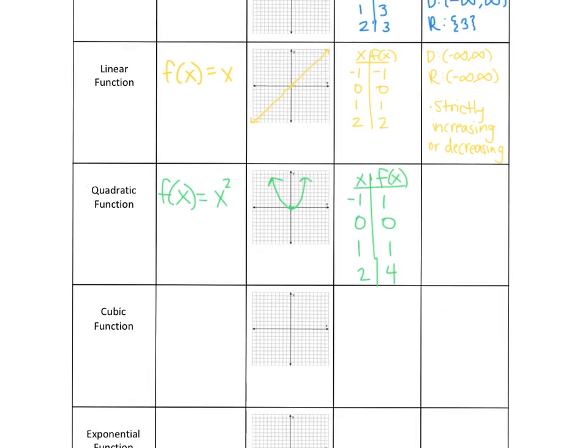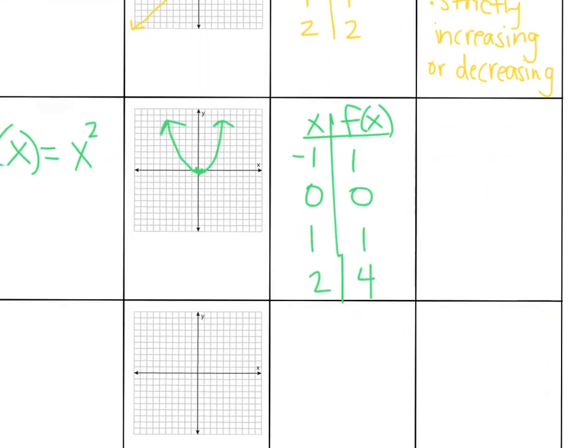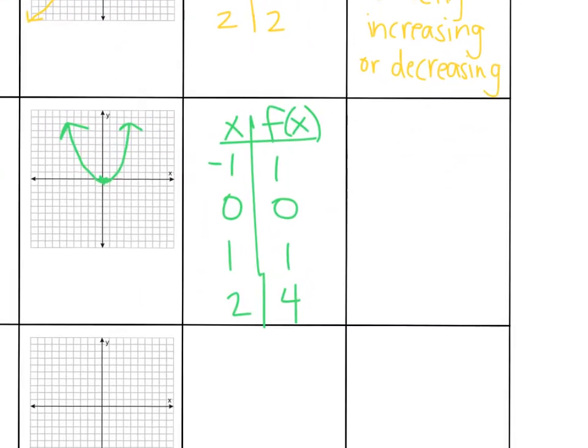I want to give you a couple of key features to note about quadratic functions. The domain is always going to be all real numbers, negative infinity to positive infinity. I am going to get to some where that's not true, so bear with me. The range is going to be restricted for a quadratic. If it's a U or if you flip it upside down, either way, you're going to have an absolute max or an absolute min.